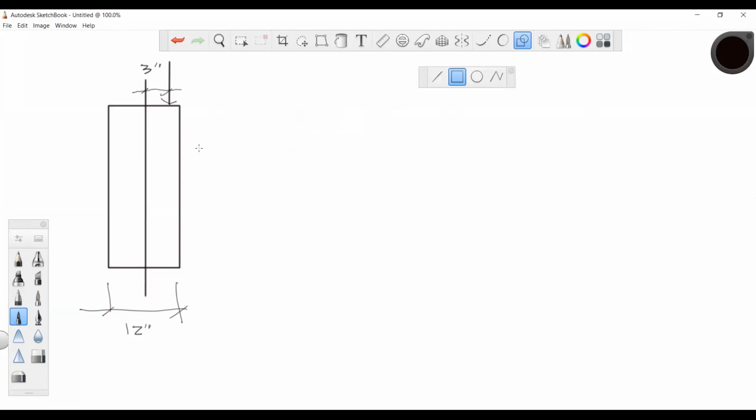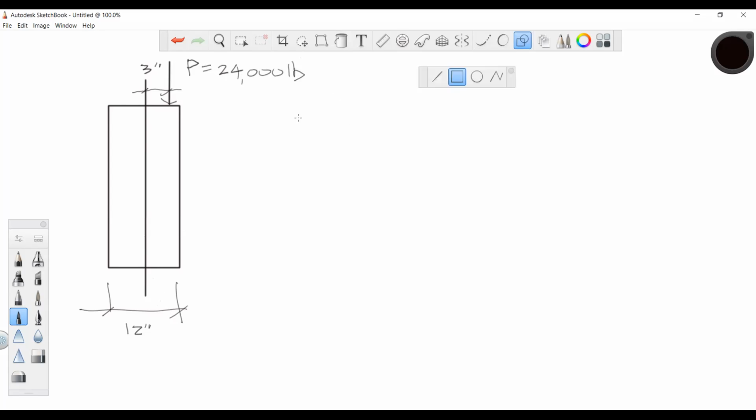All right, so this is my column. We're loading it straight down vertically with a force. I didn't put a force there. We'll call this force P. That's 24,000 pounds. Note that it's offset by 3 inches.